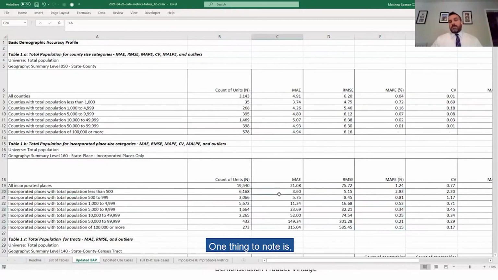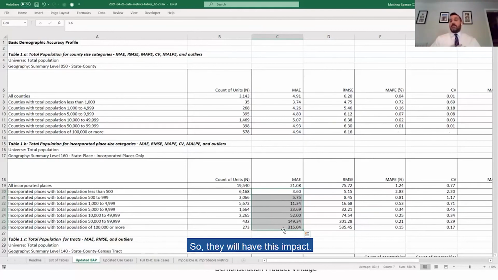One thing to note, as long as I'm talking about sizes, is that unlike with counties, places do, as they go up in population, tend to have a larger mean absolute error. Don't be alarmed. This is absolutely how it happens for these off-spine geographies. Places frequently cross county lines or cross tract lines, and so they are not on the geographic spine.